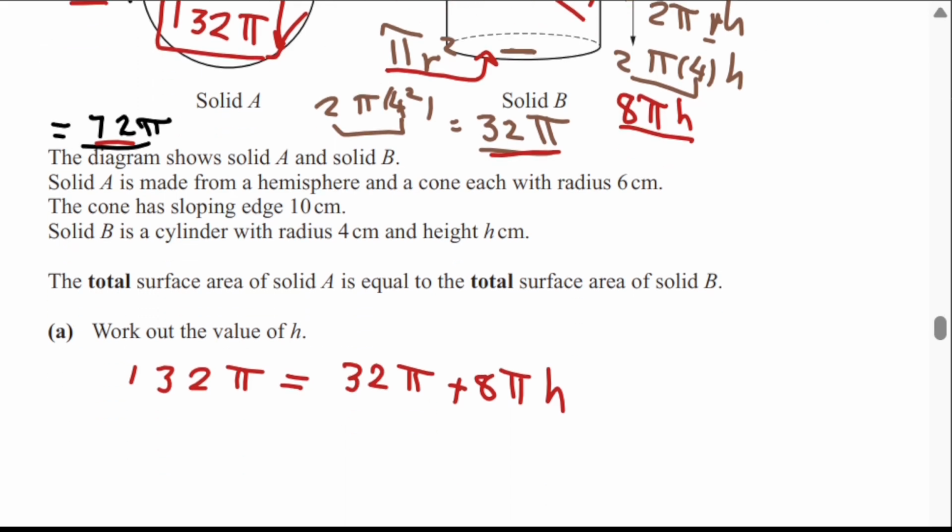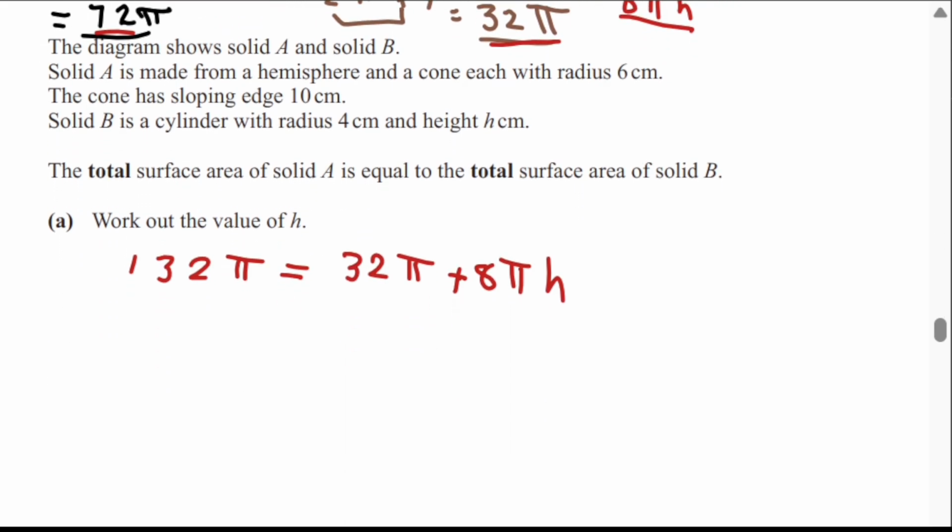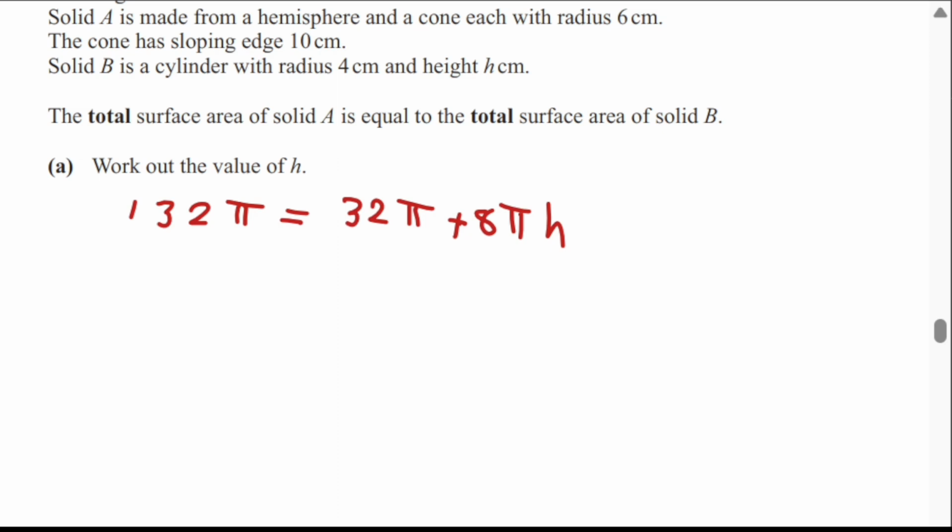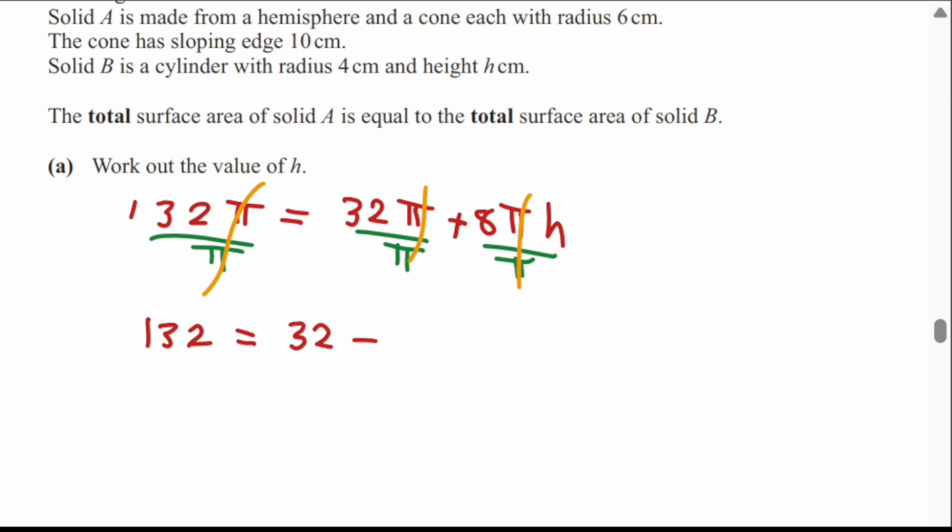Now, what will we do? Since it's non-calculator, we will divide everything by pi, to get rid of the pi. So on the left side you will just have 132 is equal to 32 plus 8h.